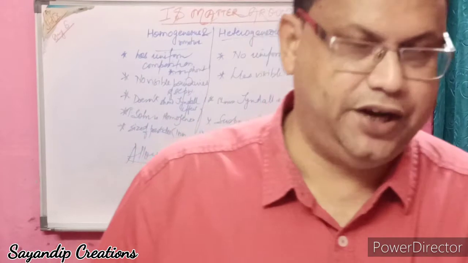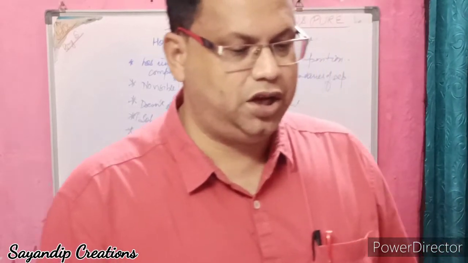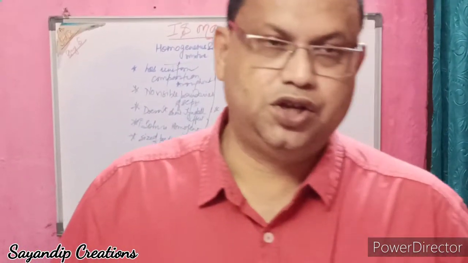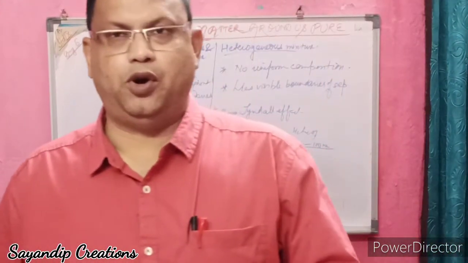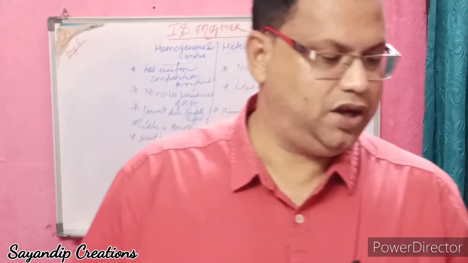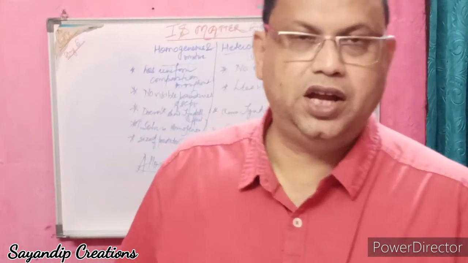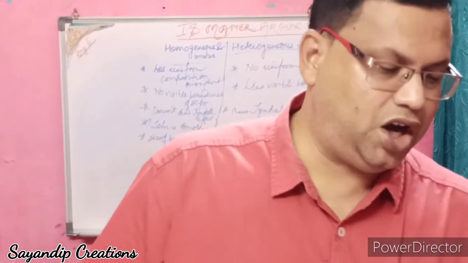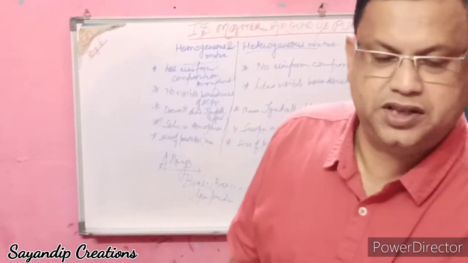Gas in solid, hydrogen in palladium. Liquid in liquid, ethyl alcohol and water is homogeneous, oil and water is heterogeneous. Solid in liquid, like sugar in water, homogeneous, chalk powder in water, heterogeneous. And solid in solid, alloy is homogeneous, sand and iron filings is heterogeneous.